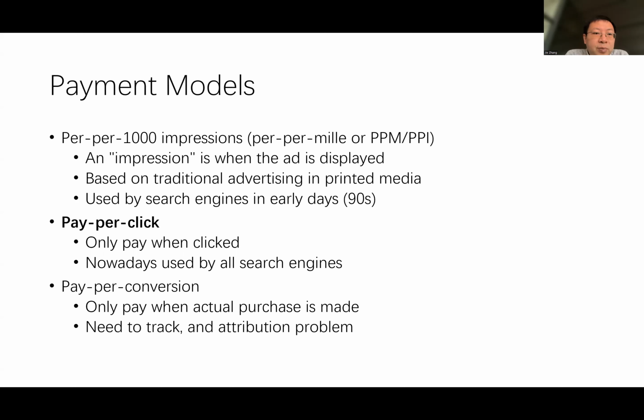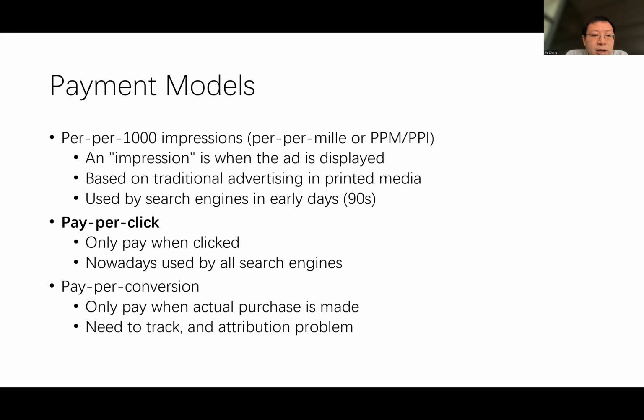Let's start from pay per 1,000 impressions. This is a case where the advertisers need to pay the search engines every time the advertisement is displayed 1,000 times. Pay-per-click means that the advertisers only need to pay the search engine if a user clicks on the links. And this is the dominating payment method.